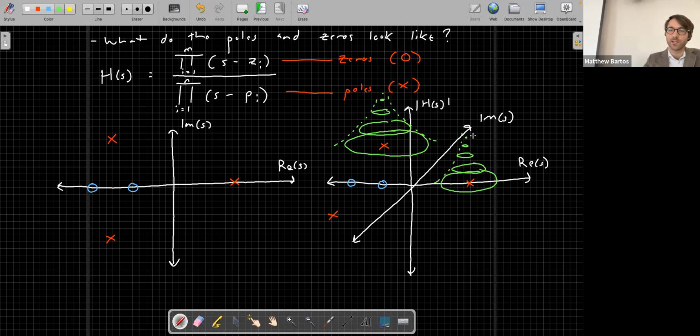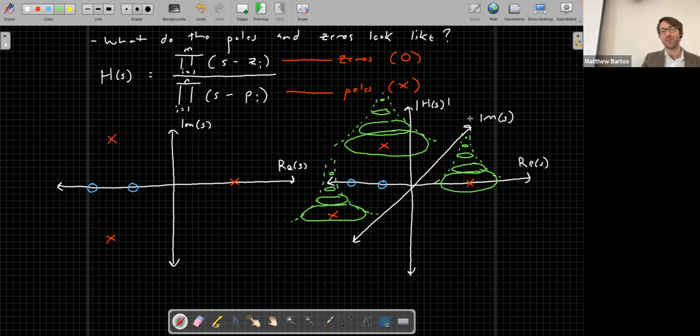So let's just draw those out. And similarly for this pole here, we will also get that the value of the transfer function goes to infinity here. Okay, what about at the zeros? What is the value of our transfer function at the zeros? Okay, zero, right?